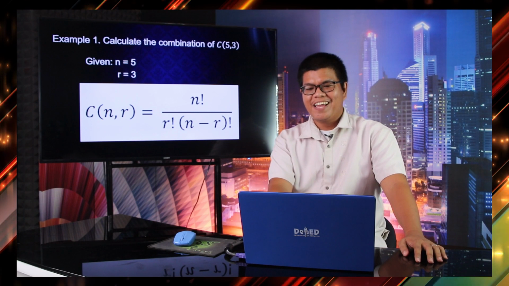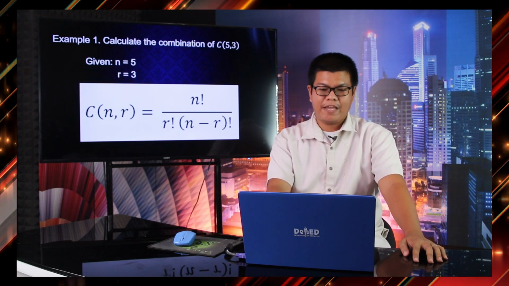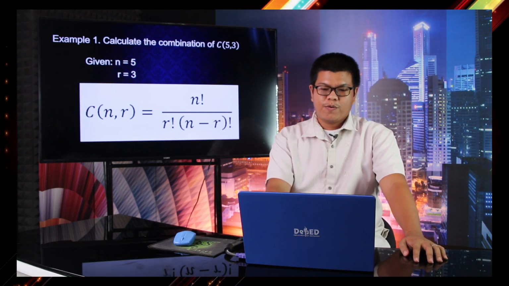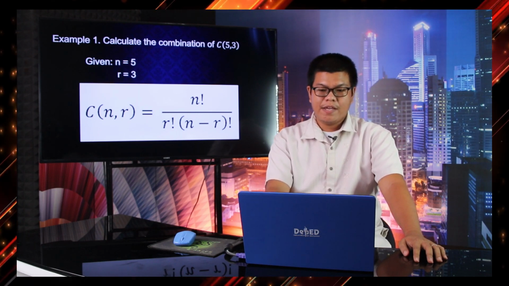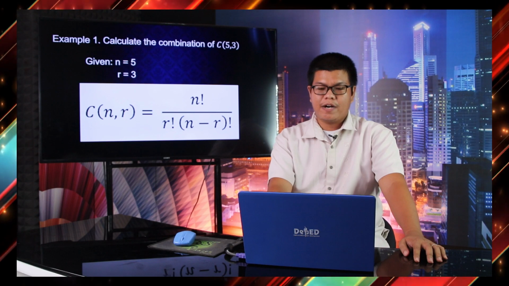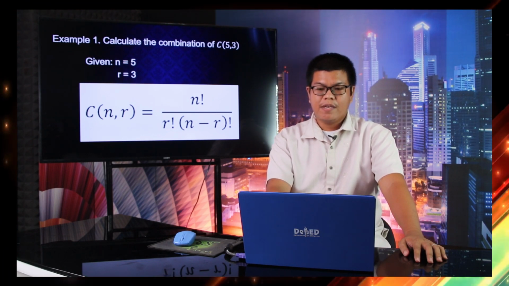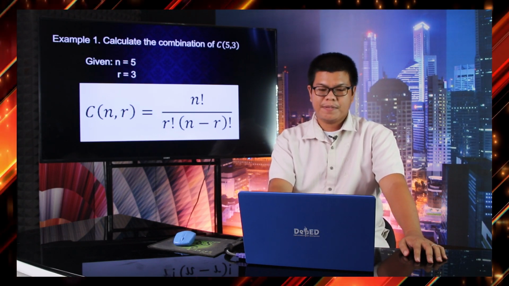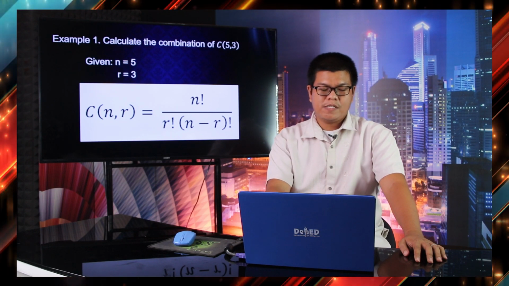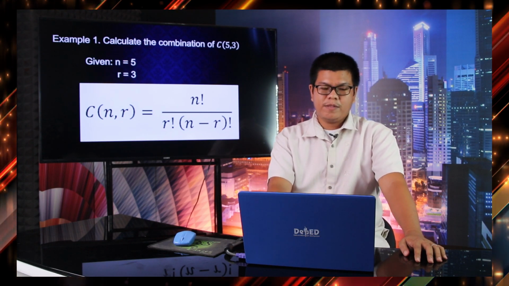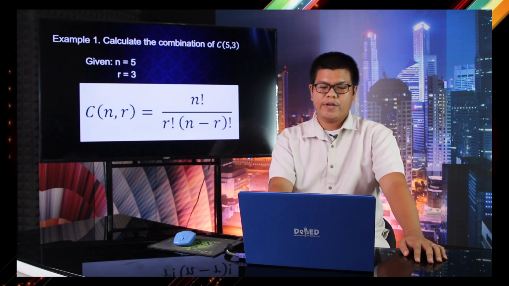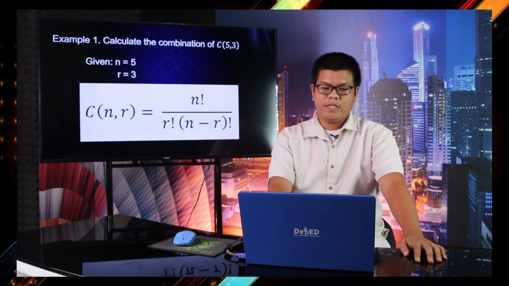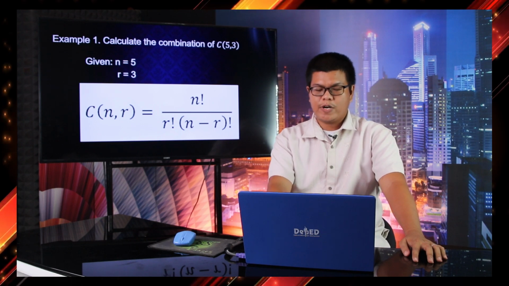Example number 1, calculate the combination of 5 taken 3. First, identify the given. n is equal to 5 and r is equal to 3. Then substitute to the formula. C(n,r) is equal to n factorial over r factorial times the quantity n minus r factorial.